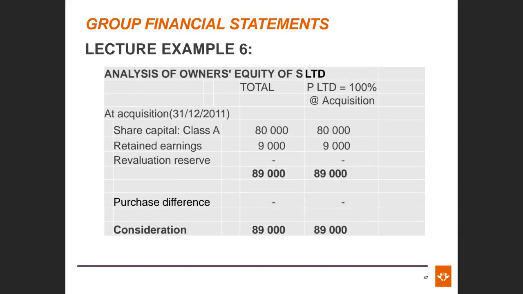In the analysis of owner's equity at acquisition date, we have share capital Class A shares of 80,000 and retained earnings of 9,000. So we have total equity of 89,000 Rand, and the consideration paid was 89,000 Rand.